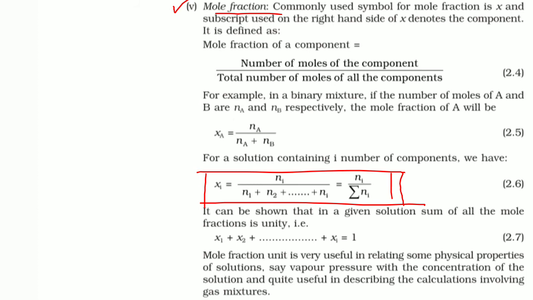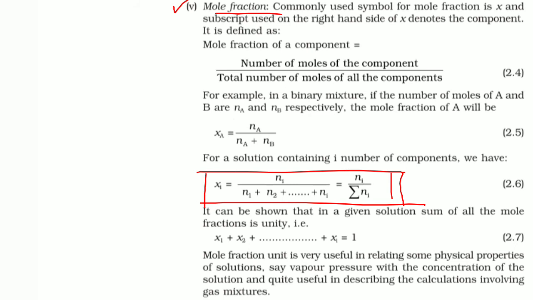So this summation means add up. There is some difference between summation and integration, which I think we have already discussed. Integration means continuous addition, where there will be no gap, continuously increasing or decreasing. In case of summation, we sum up some numbers like 2 plus 3.